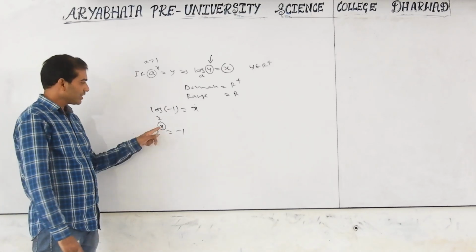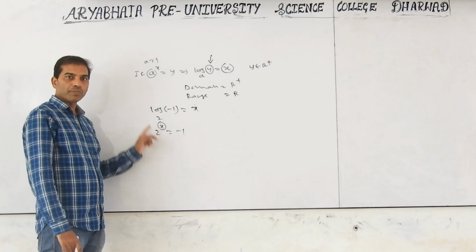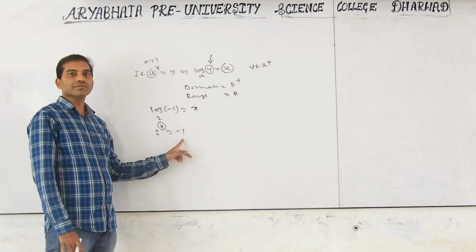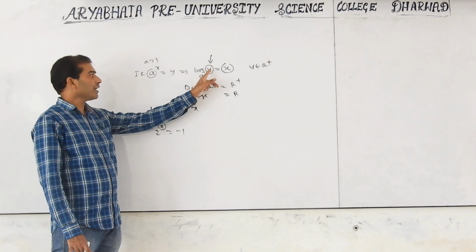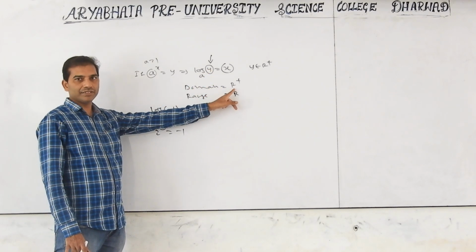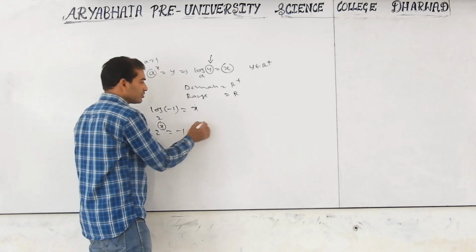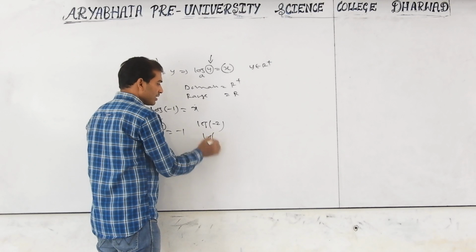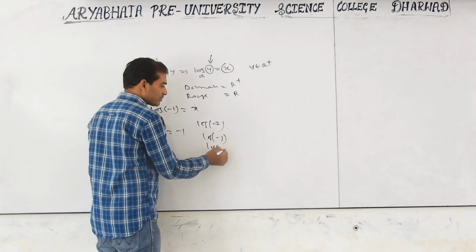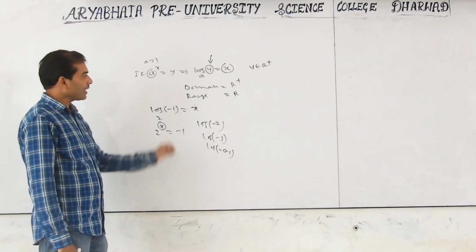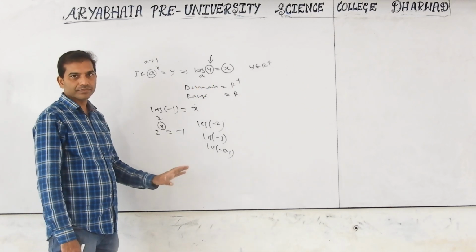Never, because 2 power any real number will be positive, never negative. So that's why the domain of logarithm is R plus. So log of minus 1, minus 2, minus 3, minus 0.1 does not exist.